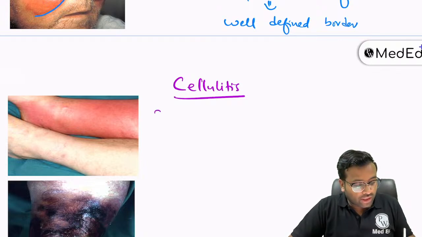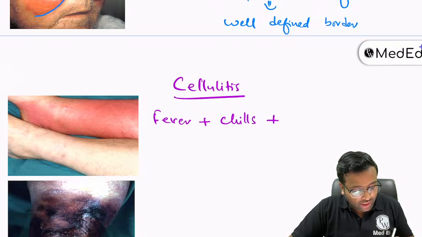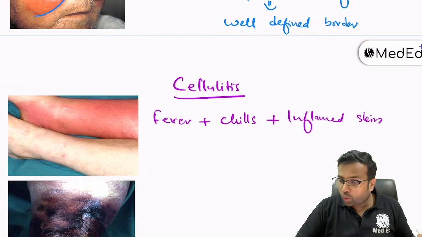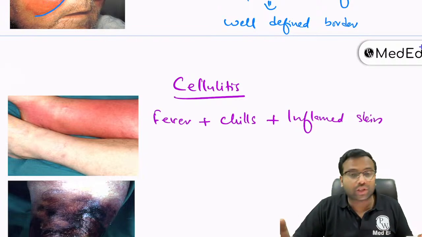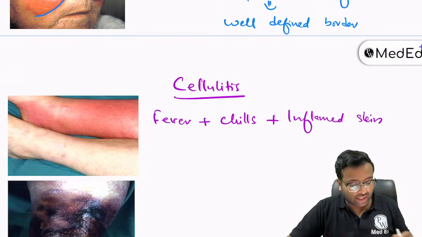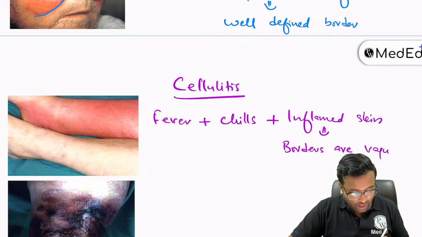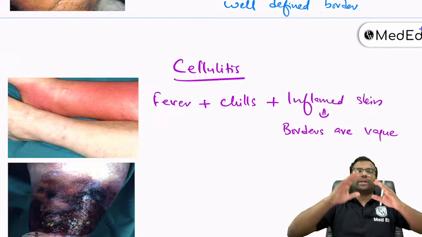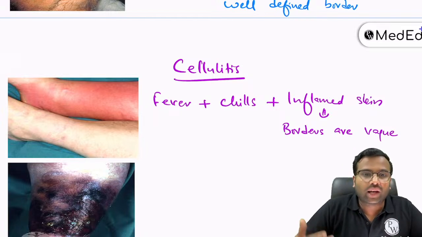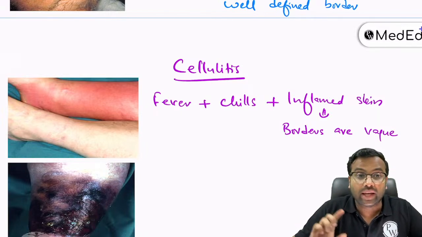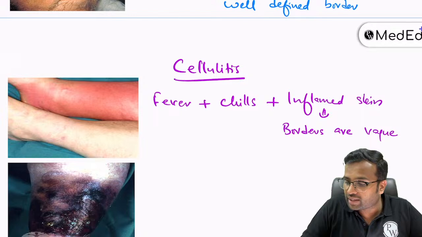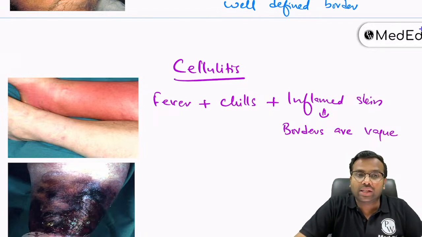It is because the patient is having fever, the patient is having chills, the patient is having inflamed skin as well, isn't it? So all these features, especially with this inflamed skin, the borders are vague. There are vague borders in this patient. Otherwise the borders are not well defined, like how it was seen in the case of erysipelas. That is how you will be thinking that this is going to be a case of cellulitis.